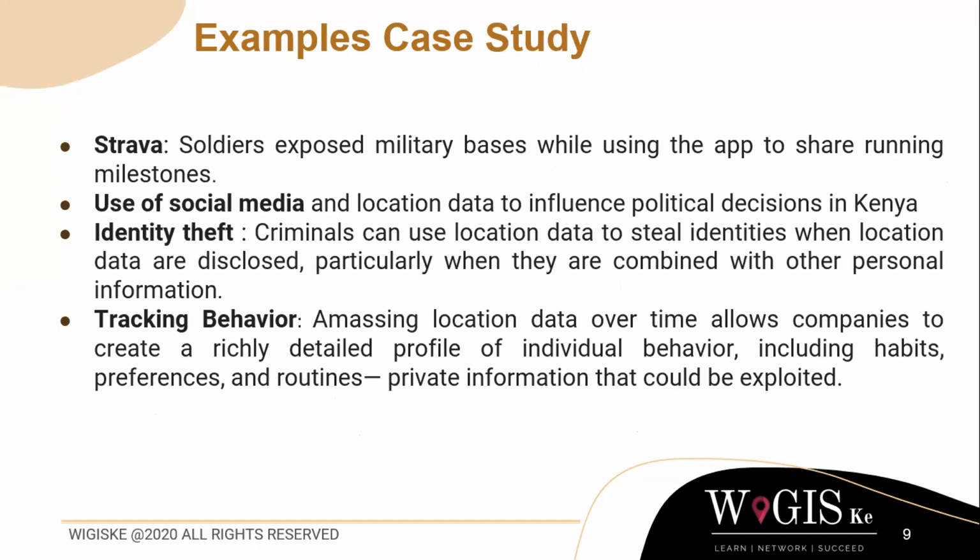Usually when you use Strava and you're running or walking or exercising in the morning, and you want to share this with your team or people around you, it automatically shares your location. So by the soldiers sharing their location and their exercise activities, they unfortunately exposed their military bases, which led to trouble for the government.